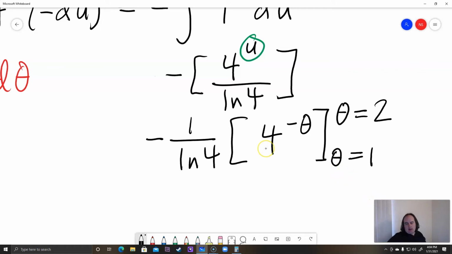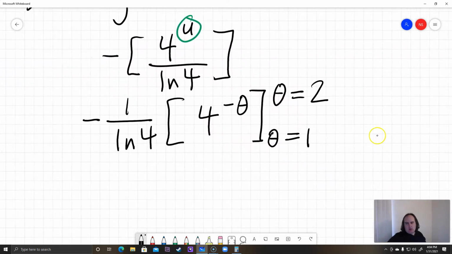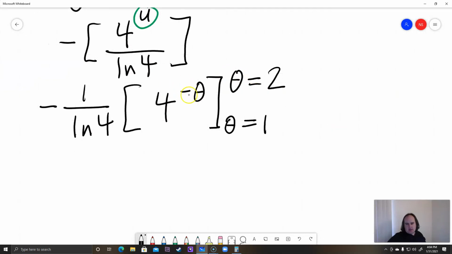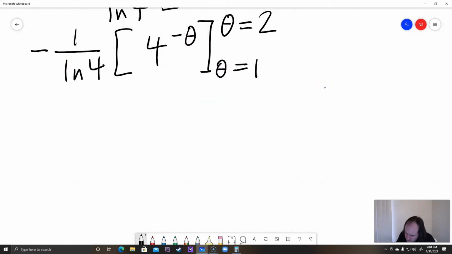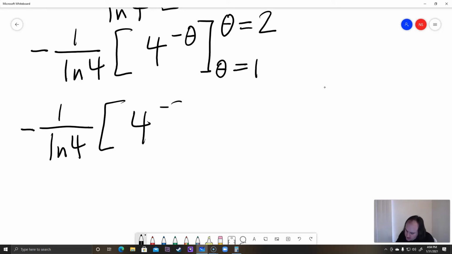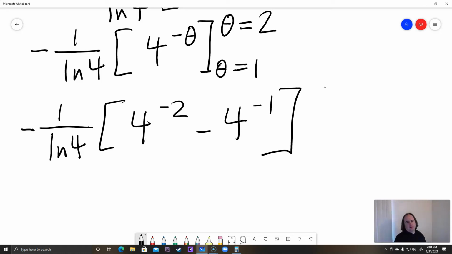Okay? And because it's a definite integral, you want to plug in the top number first into the function, and then you subtract the function evaluated at the bottom number. Okay? So we're going to have negative 1 over ln of 4 out front. And then plugging in, we have 4 to the negative 2 minus 4 to the negative 1. And you might not like fractions, but you do need to simplify this.